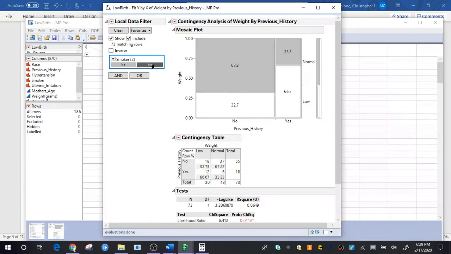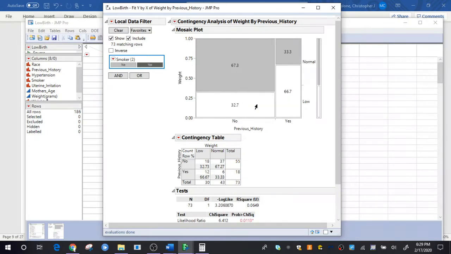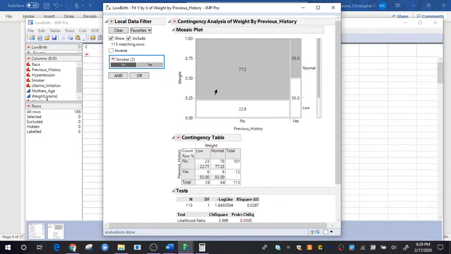You can see that this one increases and also this one increases. So for my smokers having a previous history, that chance of a low birth weight baby jumps up to 2/3 here. It's quite large. If I look at that for my non-smokers, it drops back to 50%.